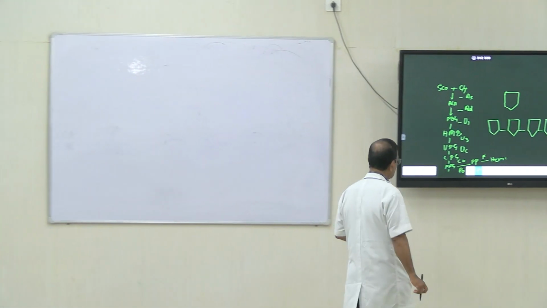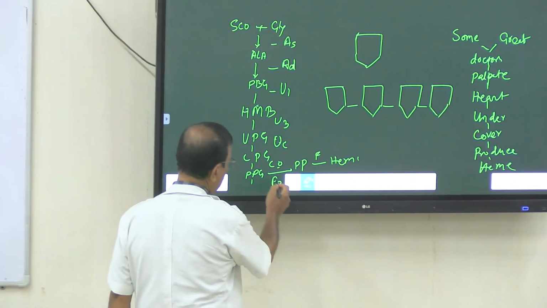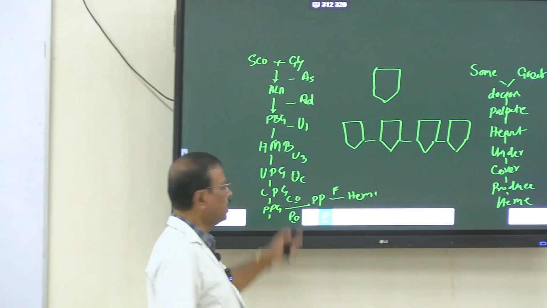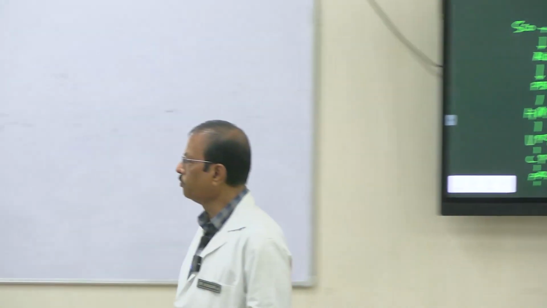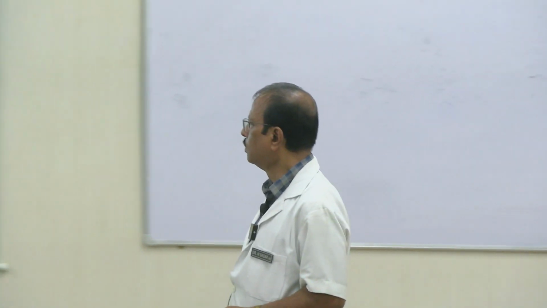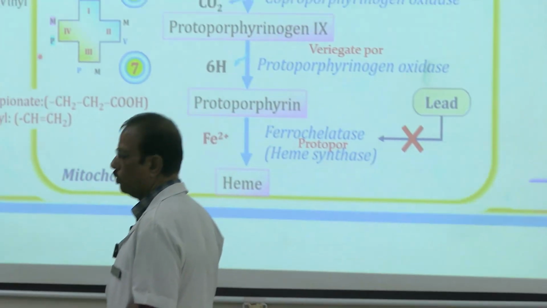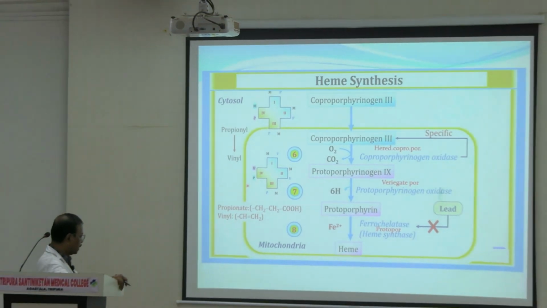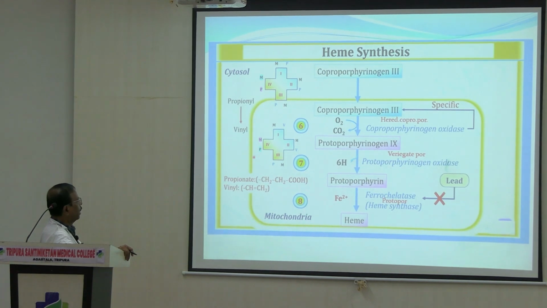Remember, these oxidases, enzyme oxidases and ferrochelatase, are present in mitochondria. So, these coproporphyrinogens have to go inside the mitochondria. So the rest of the reactions take place inside the mitochondria.